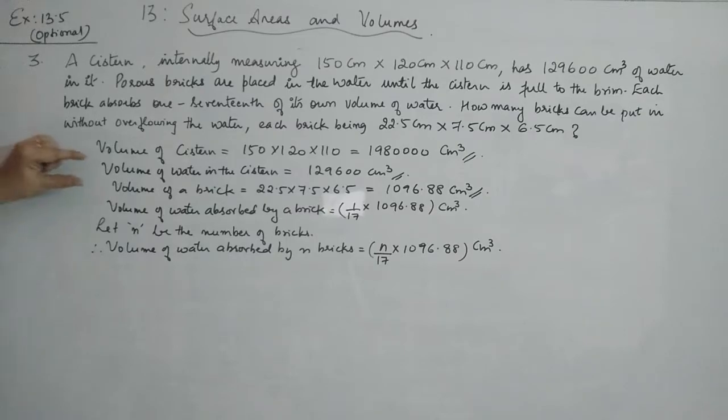Okay. Now, the volume of water left in the cistern will be how much? It will be the total volume of water minus the volume of the water absorbed by n bricks.